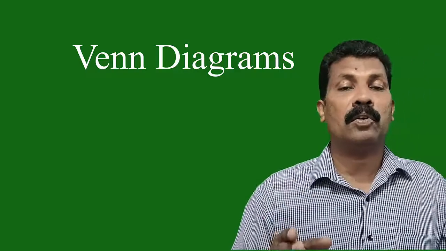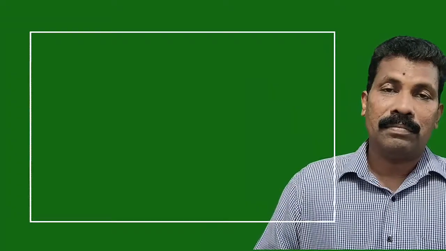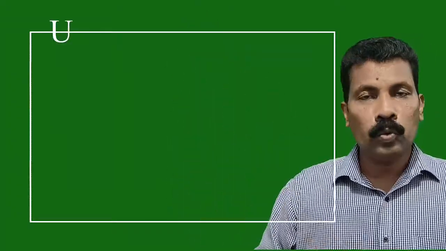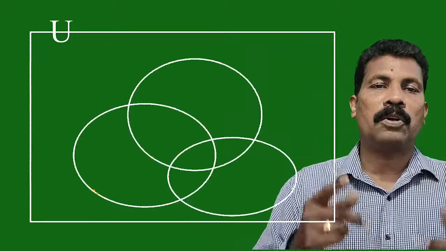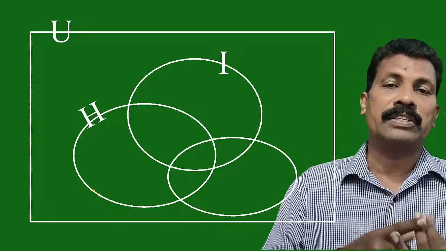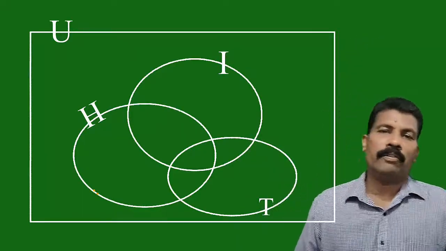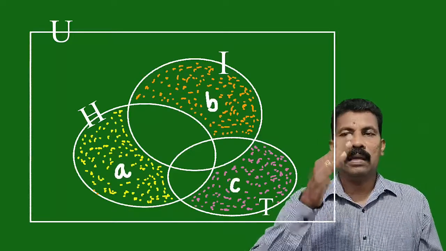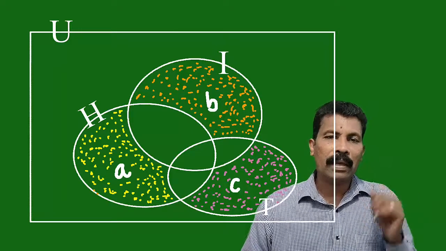So we shall draw the universal set, that is by rectangle, name it as U, and 3 circles for set H, set I, and set T, like this. Now here we use the letters A, B, C. What do you mean by A?